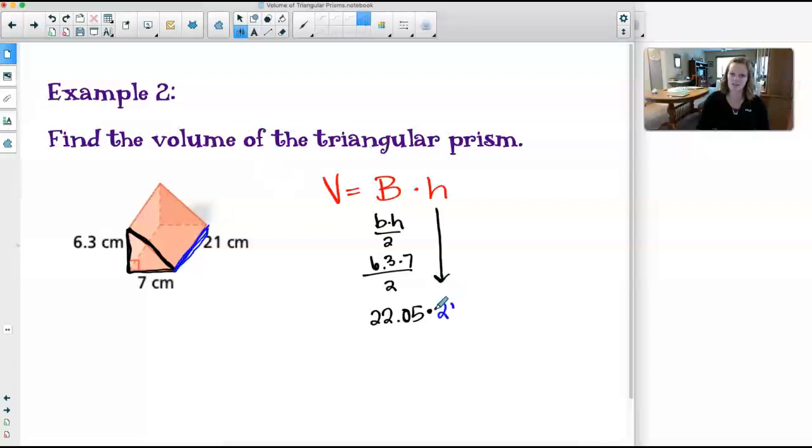In this case, that is 21. So 22.05 times 21 is 463.05 centimeters cubed. You could round that to 463.1 centimeters cubed if we're rounding to the nearest tenth.